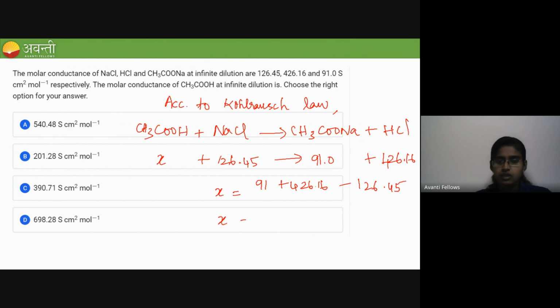So when you solve this, you will get 390.71. Okay. So this is the answer. Option C is the correct answer. Got it? Option C is the correct answer for this question.